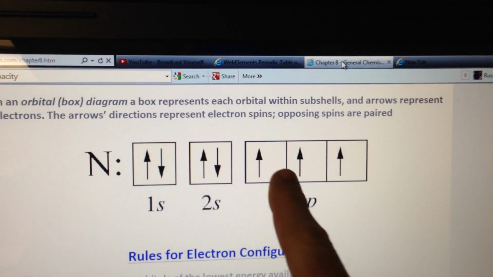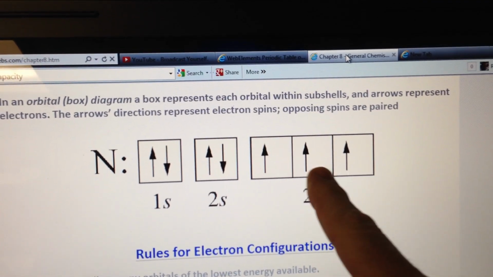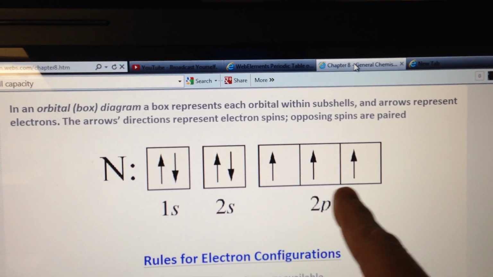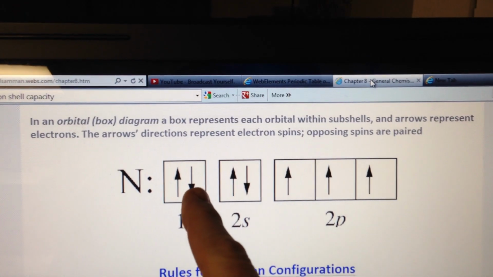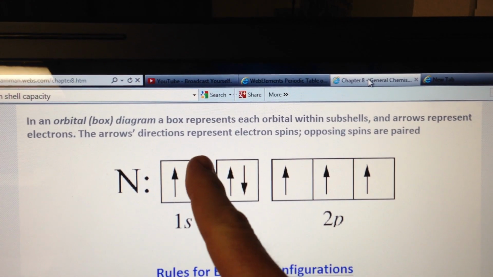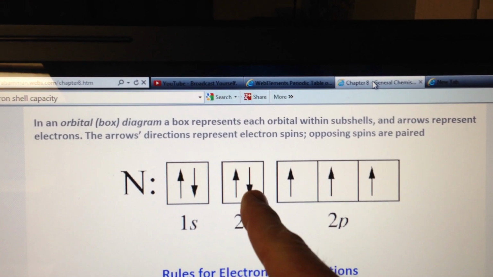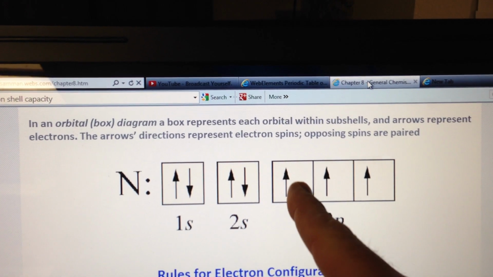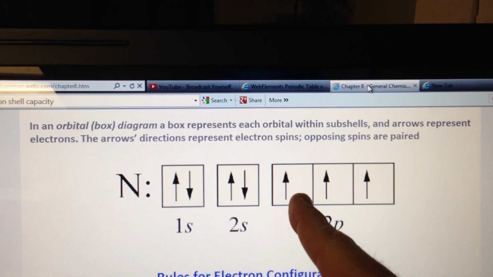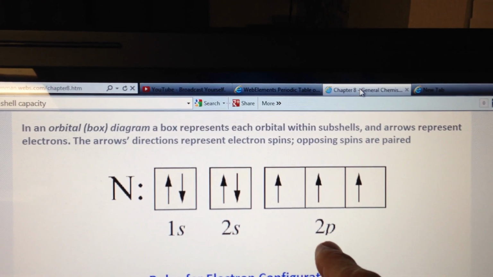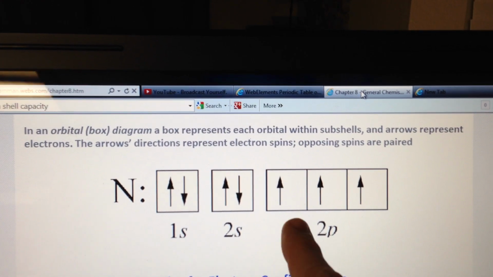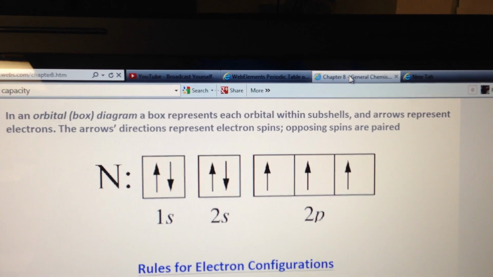So what's going on here is you have 3 electrons that are spinning in the same direction, so you've got a net of 3/2. As each of them fill again, they neutralize with the second electron in that section. So yeah, nitrogen has 3 electrons spinning in the same direction.